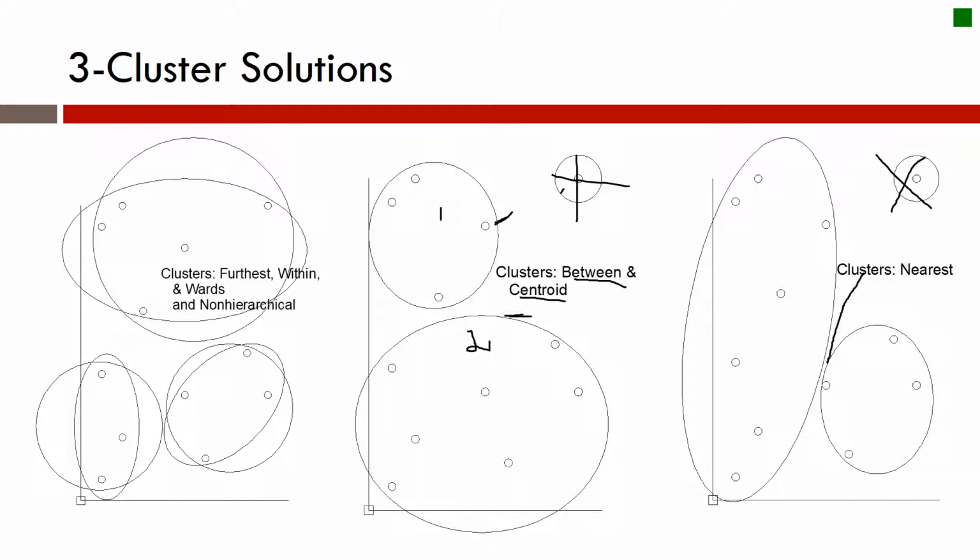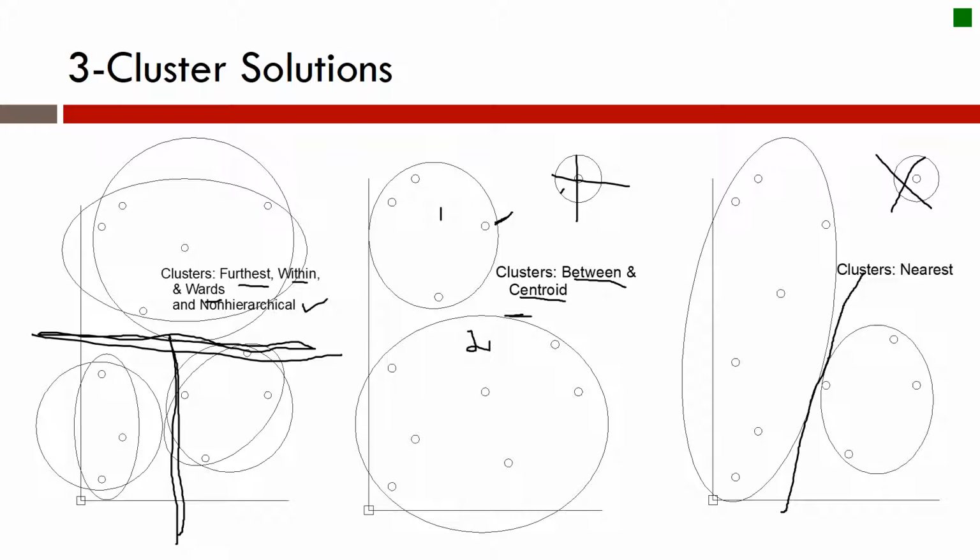These 2 may be usable, so that's not a bad thing. But if we go with a 3-cluster solution, the furthest within and Ward's, and again the non-hierarchical, again in this case was the best. It really demonstrates 3 unique clusters that have been identified.